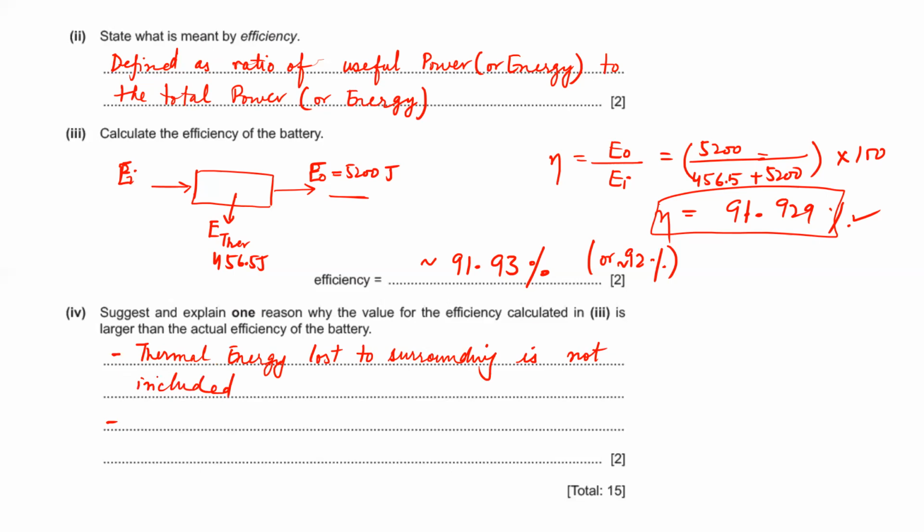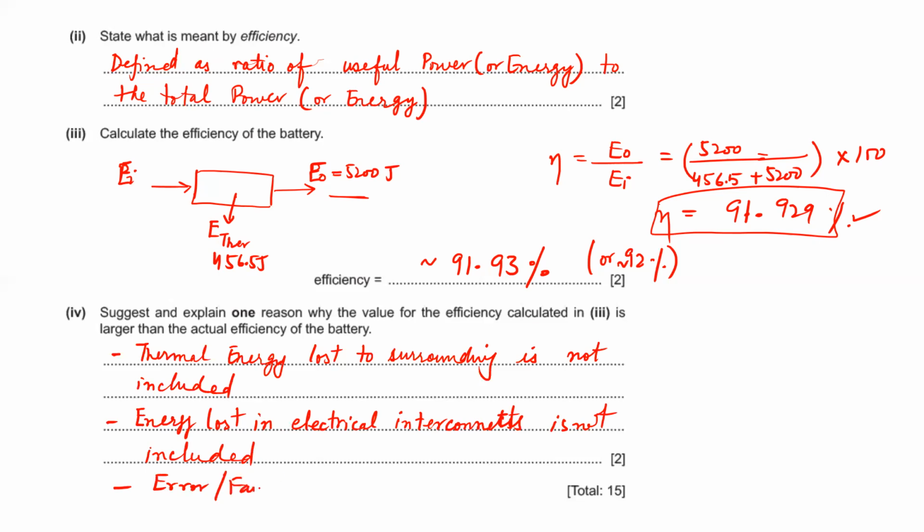Another way is energy lost in electrical interconnects is not included. We can have errors in measurements, or faulty measurements. There can be any reasons.